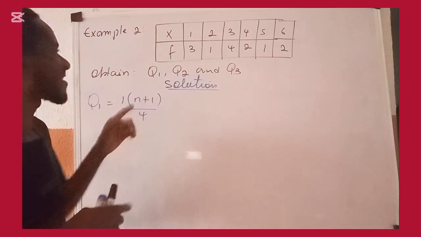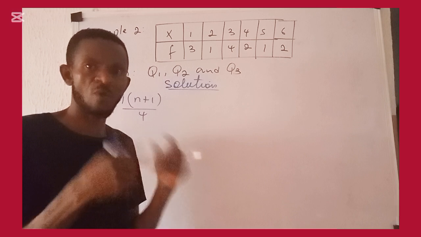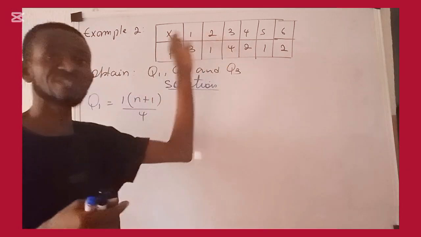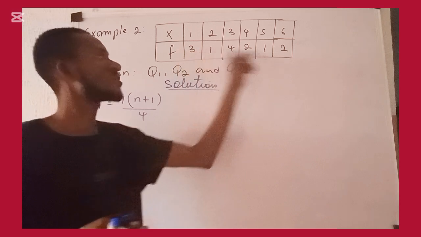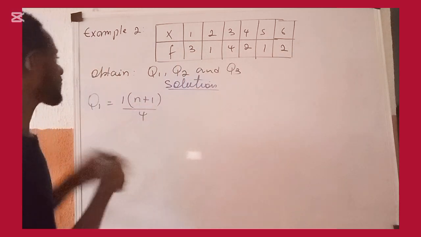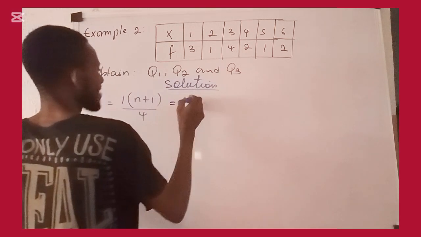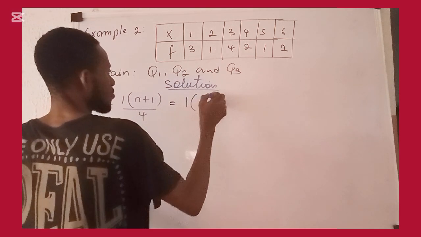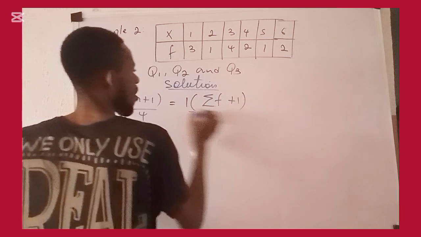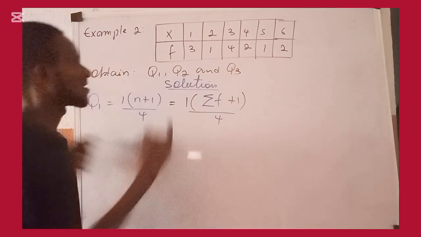Now, what we are going to pay attention to here, our n is talking about total observation, or what we call the sample size. For us to get the sample size from this data set, we sum all the frequencies. So this formula can equally be written as 1 into sum of f plus 1 all over 4. Sum of f is the sum of all the frequencies.